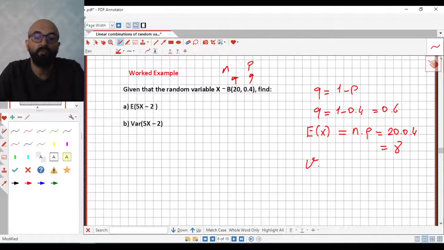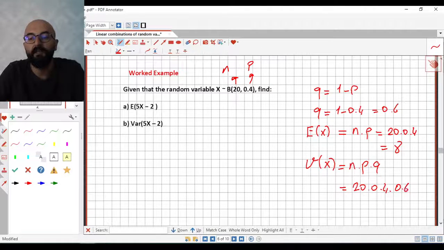To figure out the variance, n multiplied by p multiplied by q, so 20 multiplied by 0.4 multiplied by 0.6, is 4.8.